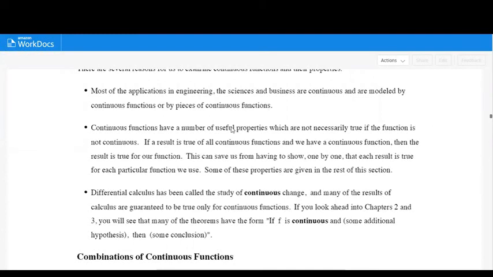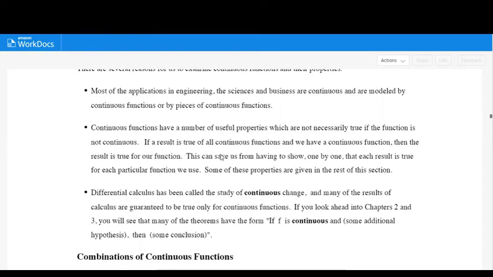So continuous functions have a number of useful properties which are not necessarily true if the function is not continuous.